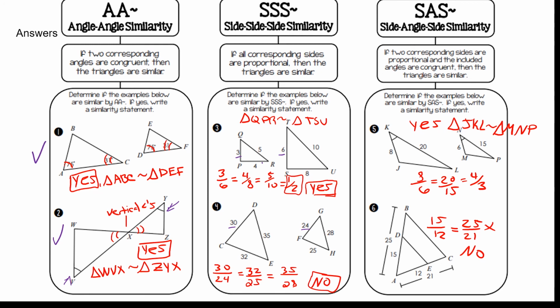Number 5, we have an included angle here, and so the two sides, the smaller side, 8 and 6, and 20 and 15, they both reduce to 4/3, so they are proportional, so yes, those two triangles are similar. And for the last one, that would be a no. 15 over 12 and 25 over 21 do not reduce to the same fraction.